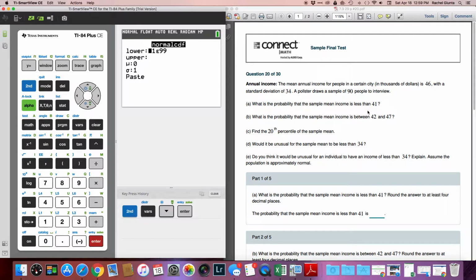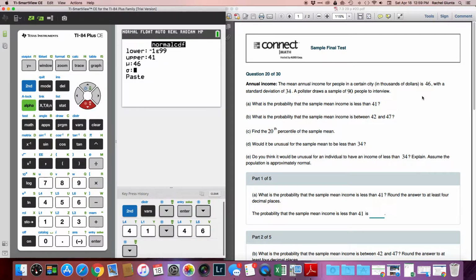So that means the highest it can be is 41, and that makes 41 our upper bound. Anytime it says less than, then the number they give you is going to be the upper bound. The lower bound, we just always use minus 1E99 for the lower bound when the keyword is less than. And then the mean is the mean that's given in the top part of the problem, which is 46.